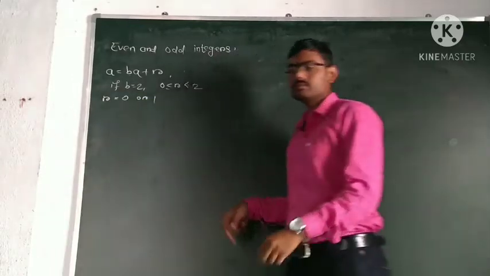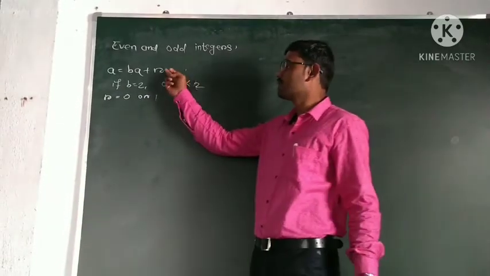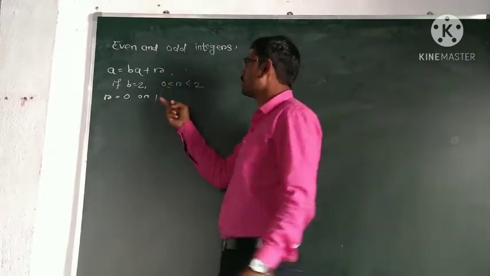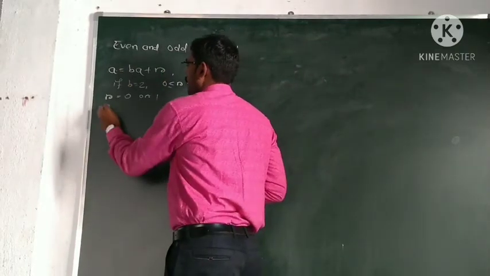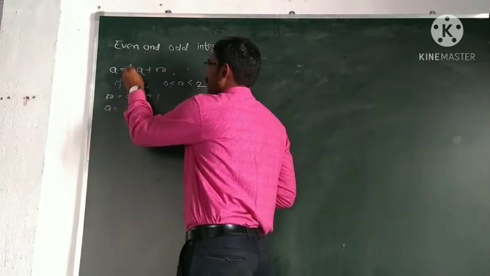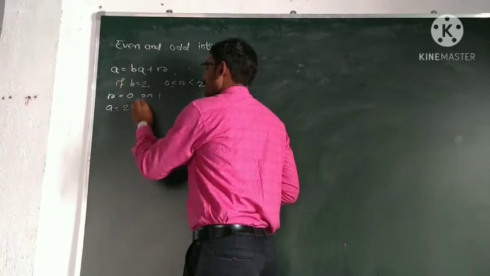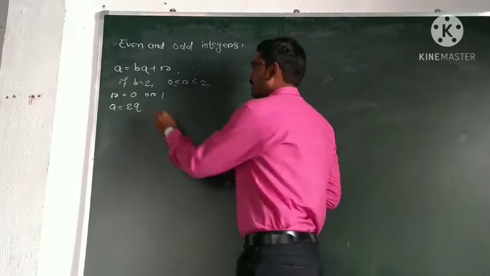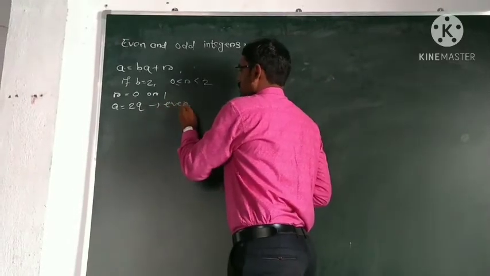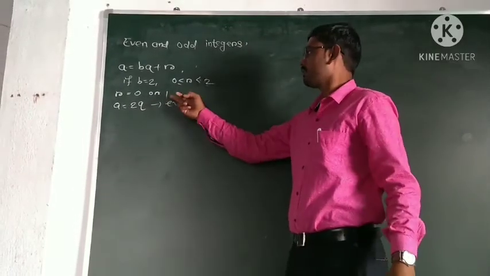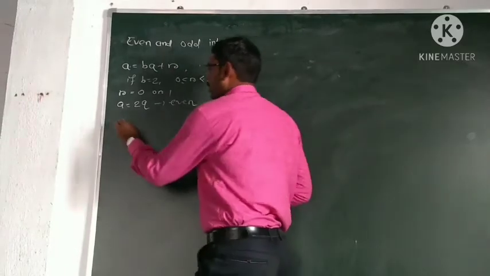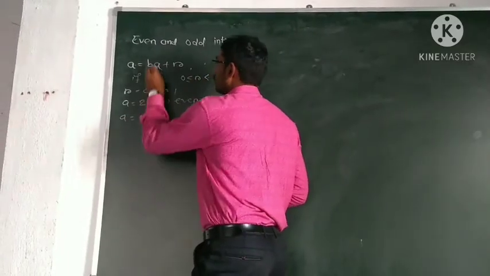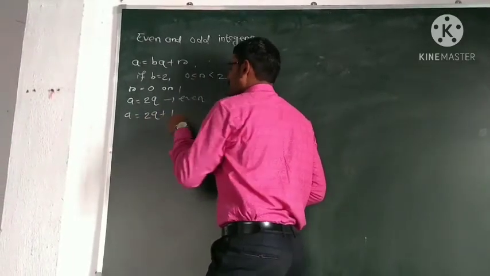If we put r equal to 0, we get a equal to 2q, a multiple of 2. These integers are called even integers. If the remainder is 1, that is r equal to 1, then a is equal to 2 times q plus 1.